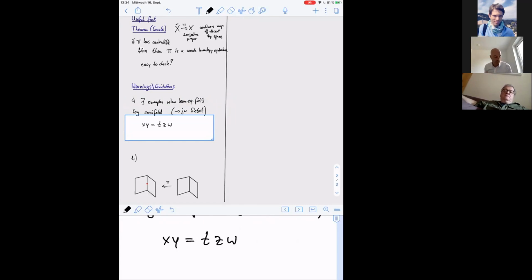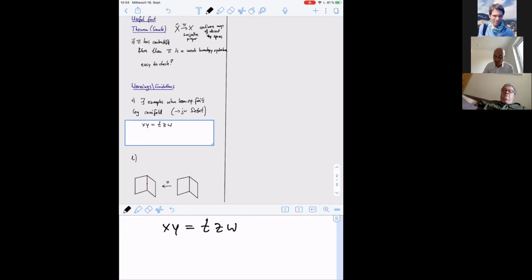It's also a toric local model, so it's a log conifold with a log structure given in the toric local model. And this one has a small resolution, but it doesn't have the property that it's a homotopy equivalence.